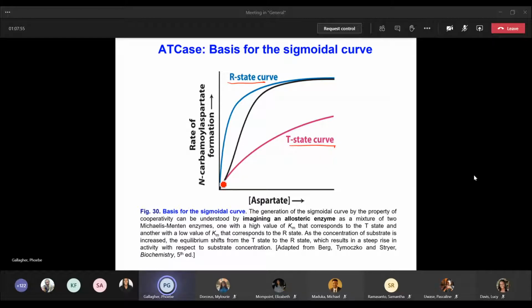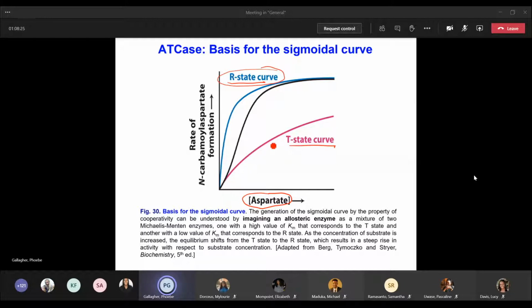So that means that the conformation of this enzyme is favorable for the attachment of aspartate. So at a low aspartate concentration, you're going to see that it's going to have a high affinity for it, and therefore the rate is going to rise quicker. So this would be kind of equivalent to your myoglobin curve, where it's a hyperbolic curve because it has a high affinity for it regardless of the concentration.